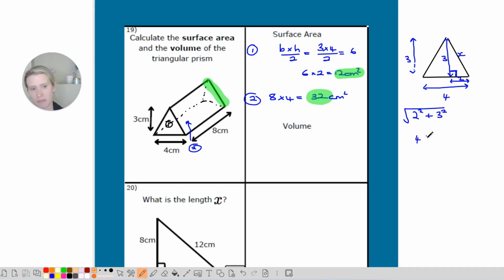Now, 2 squared is going to be 4. 4 plus 9 square rooted is the same as square root of 13. So if that is square root of 13, then for number 3, let's call number 3 these ones on the side here, we need to do 8 multiplied by square root of 13.